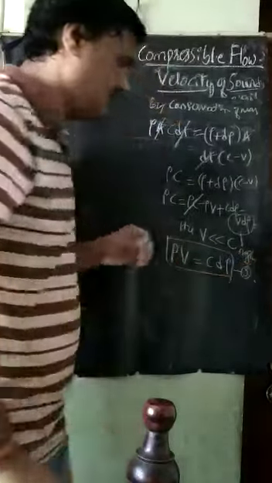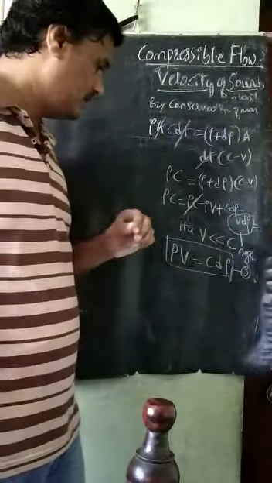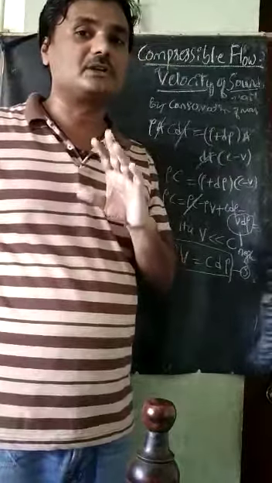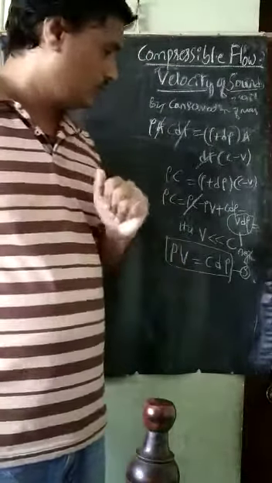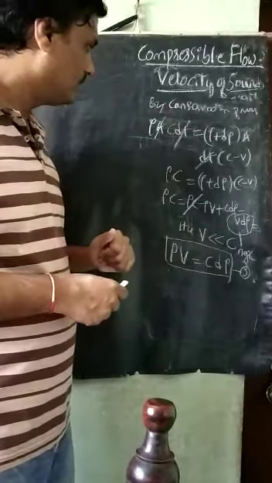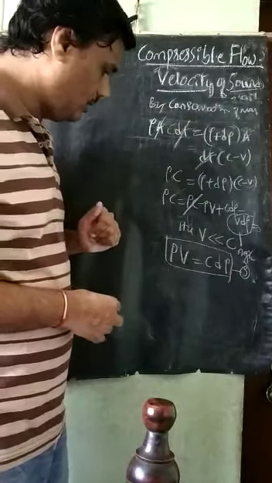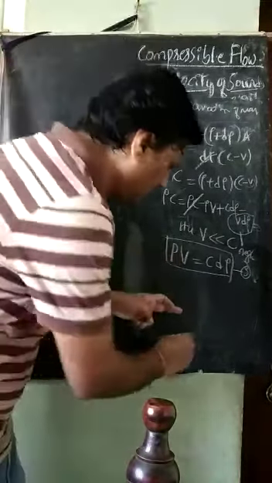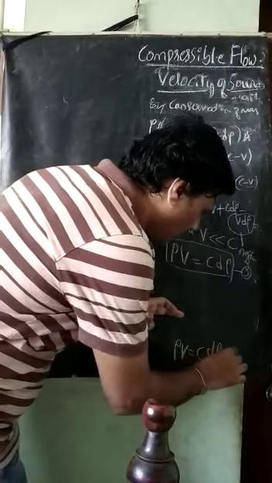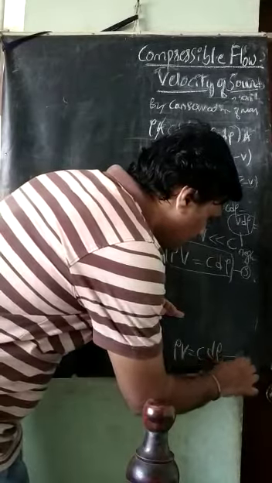This is the equation we got from the law of conservation of mass. This equation is required in the next equation also, so I will write it here: rho v is equal to c into d rho, equation number 3.